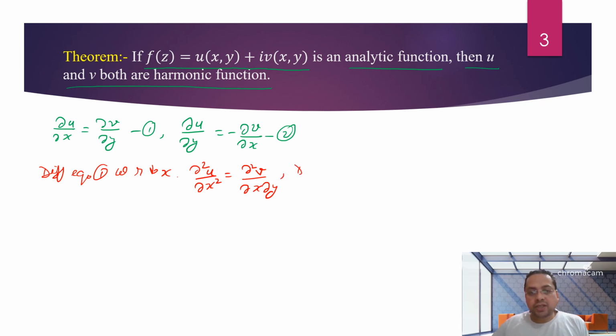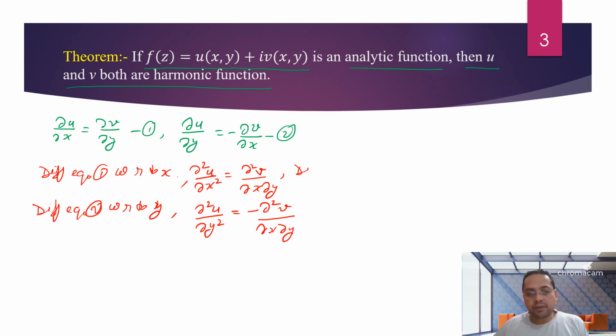Similarly, differentiating equation 2 with respect to y, we will get del square u over del y square is equal to minus del square v over del x del y. This is equation A, this is equation B.